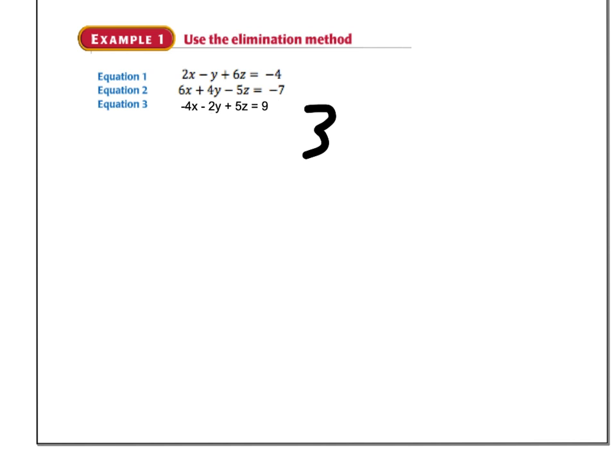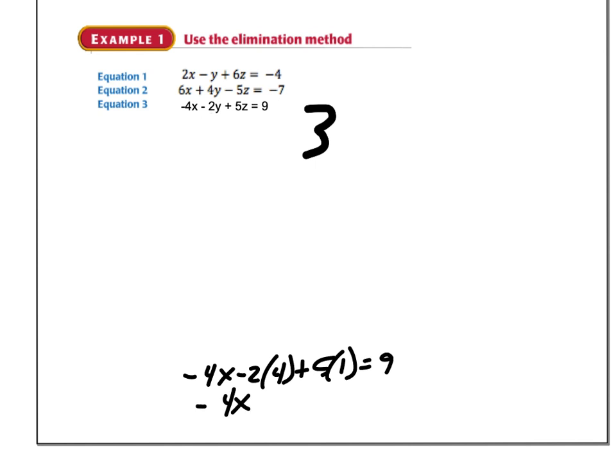You can substitute these two new variables that we found into any of these 3 equations. I will just pick, for ease, number 3. So I have negative 4x minus 2 times y plus 5 times z, which is 1, equals 9.